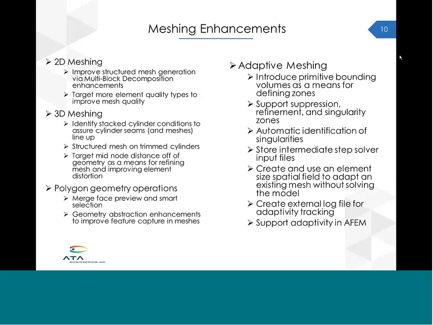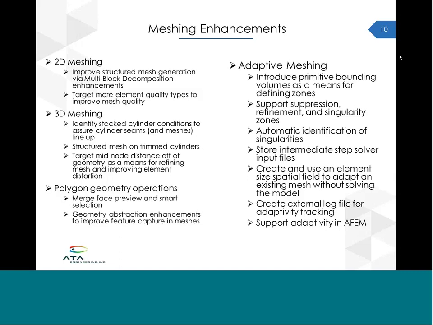In terms of polygon geometry operations, there's a number of enhancements to enable merge face preview and smart selection, as well as additional ways to abstract geometry so that you can capture more fine-grained features in your meshes that may have previously been abstracted away going from the underlying part geometry to the idealized part to the CAE bodies.